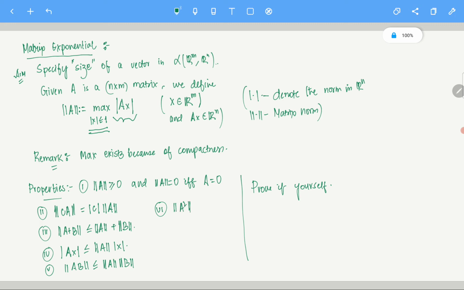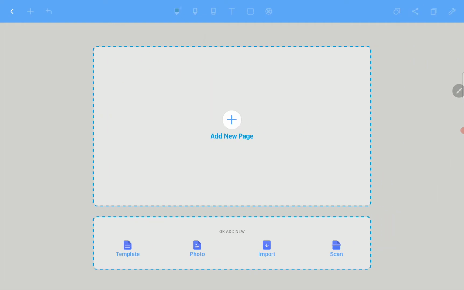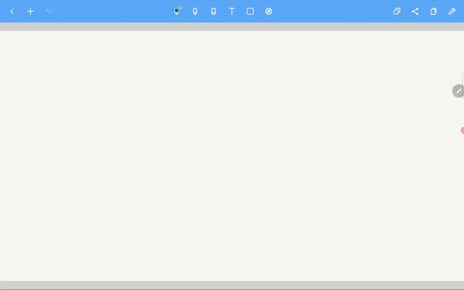This follows from 5; it is less than or equal to the norm of A squared. Clear? So those properties are there. Please check it yourself. Not a very difficult thing to do, but extremely beneficial. So that is how we define a matrix norm.